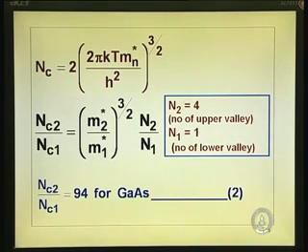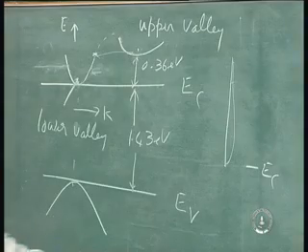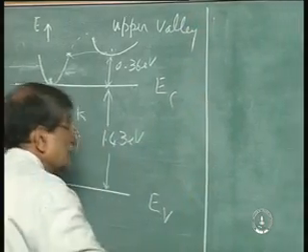Now, M2 star is 0.55 M0, M1 star is 0.067 M0, and N2 by N1 is 4. You plug in all that, this is 94 for gallium arsenide. For different materials, that will be different. So, that is 94. Now we see, if you recall, what we did was, I will retain that equation.